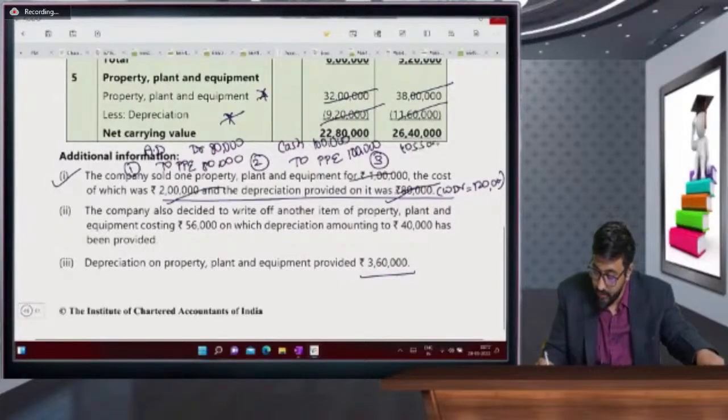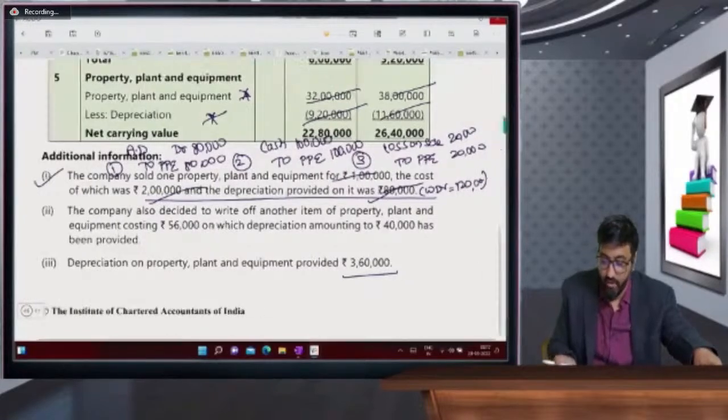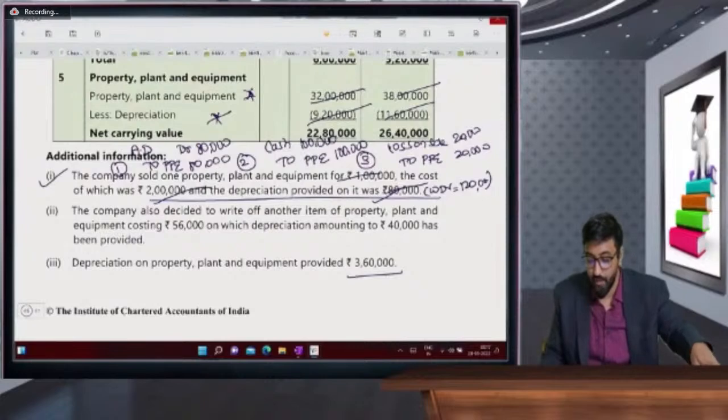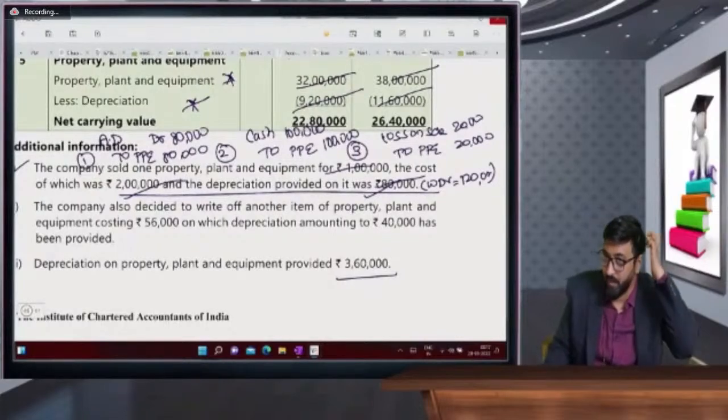So loss on sale 20,000 to PPE 20,000. AD to PPE, cash to PPE, and loss on sale to PPE. Write down entries. Write down all 3 entries. First entry, cancellation of AD. AD to PPE, cash to PPE, and loss on sale to PPE.